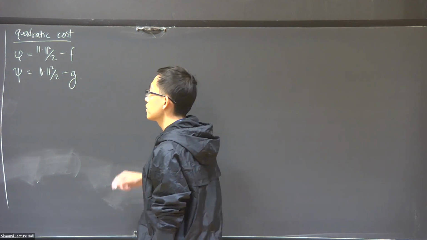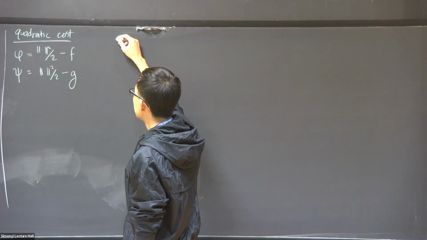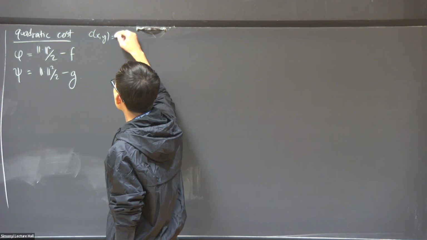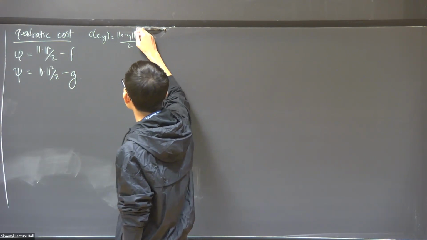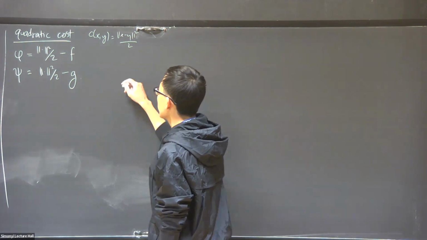Okay, so why is this helpful? Because c of xy is this. Actually, let me put a factor of 2 in here. That'll be helpful.